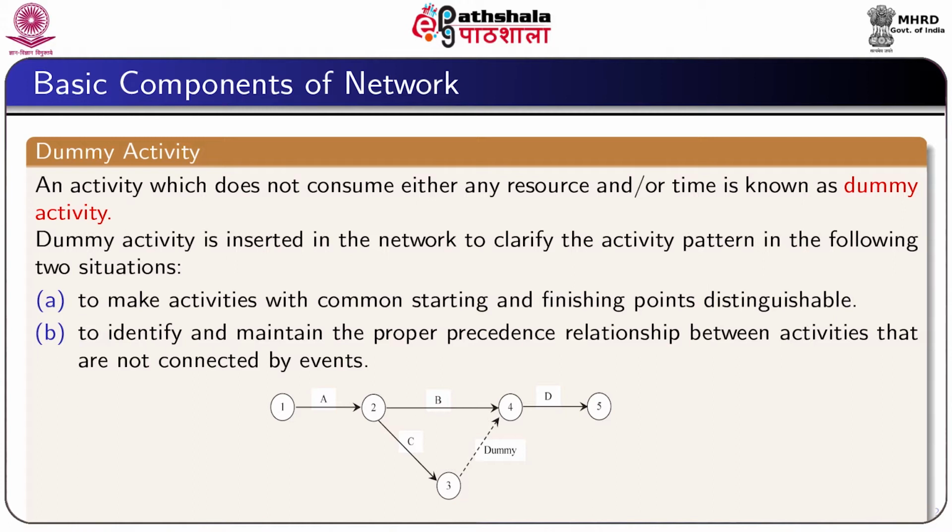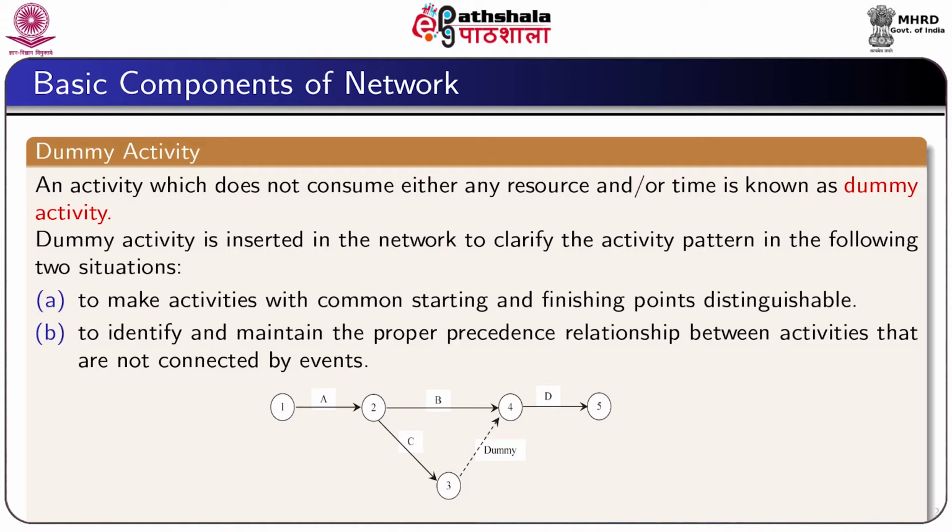Dummy activity is needed for the following situations: to make activities with common starting and finishing points distinguishable, and to identify and maintain the proper precedence relationship between activities that are not connected by events. Let us consider an example. In the diagram shown in the slide, the activities B and C can occur when the activity A is completed.